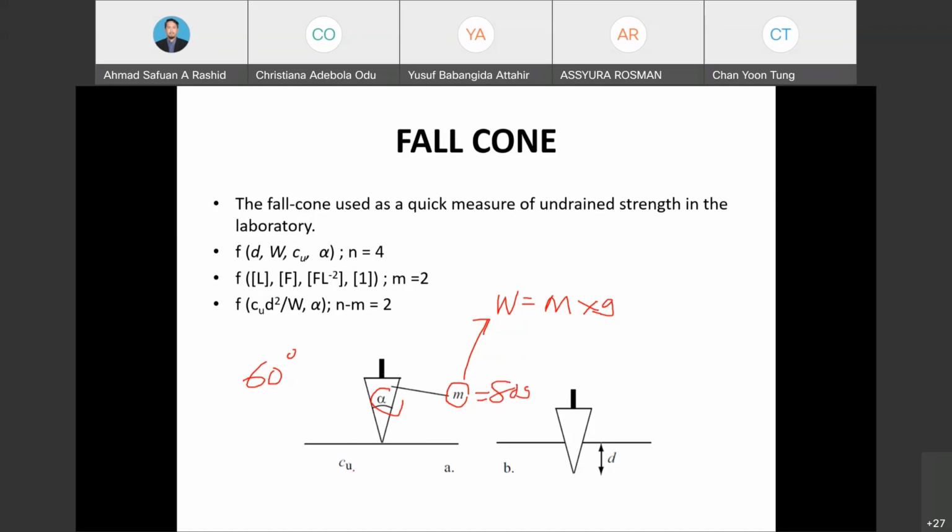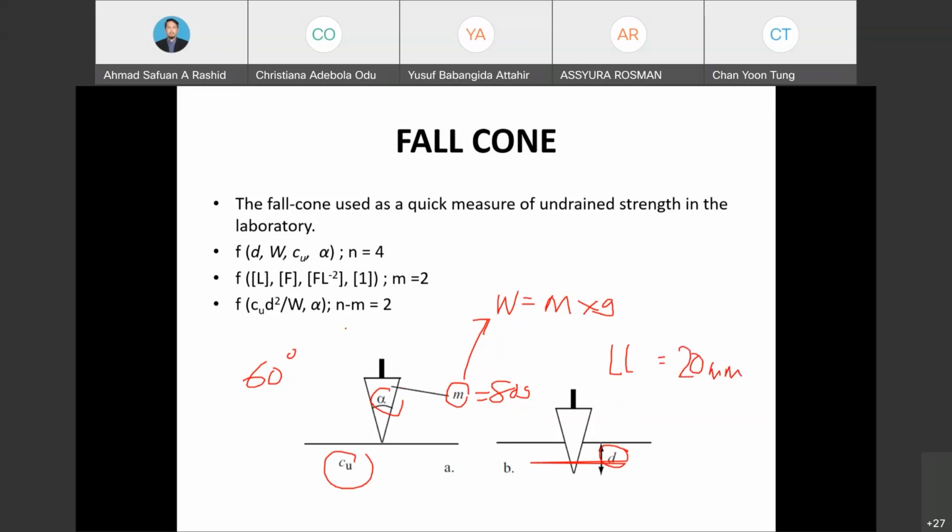To determine the strength of the soil, we consider the strength as Cu. During the penetration, when we release the cone, we obtain the penetration depth. Normally for the liquid limit, I hope you still remember from your degree, the penetration depth is equivalent to 20 mm.